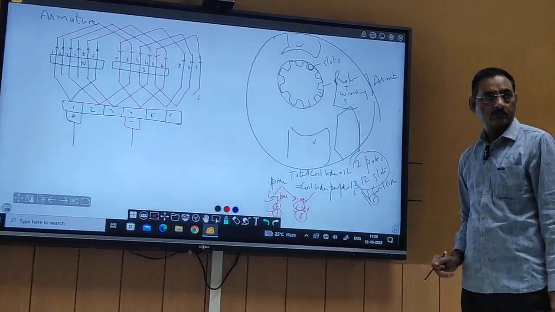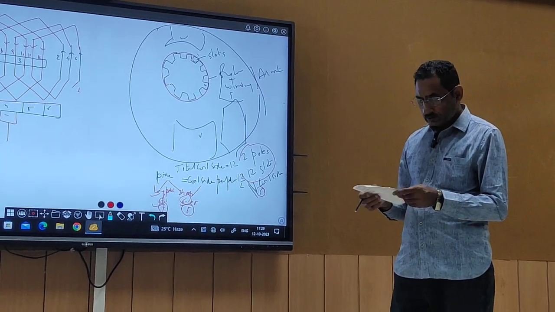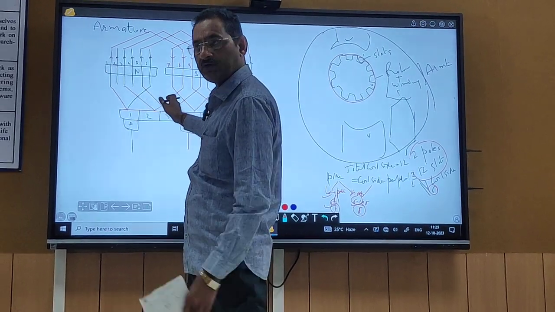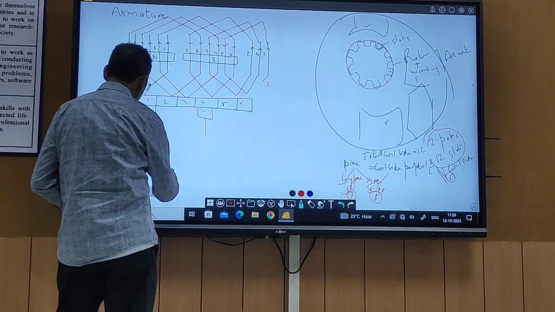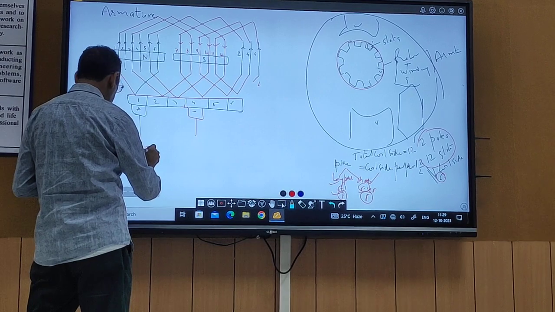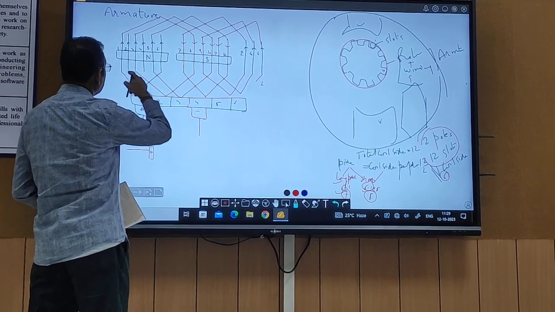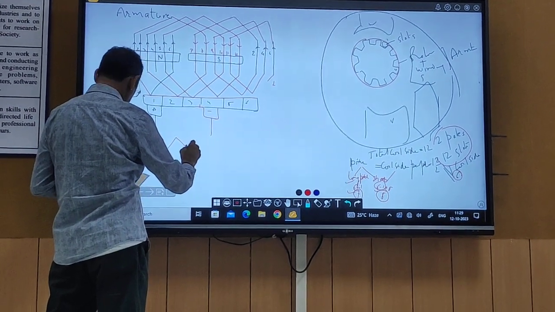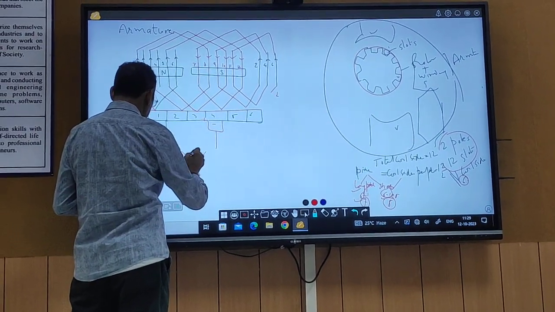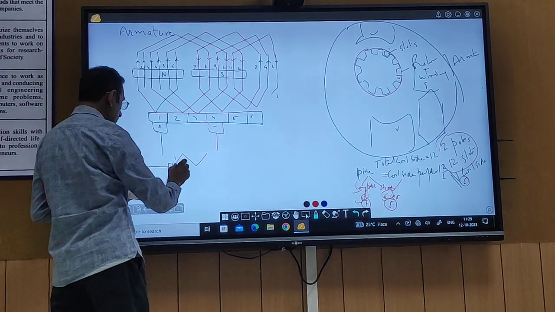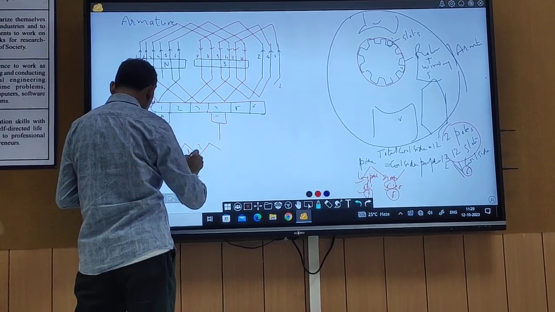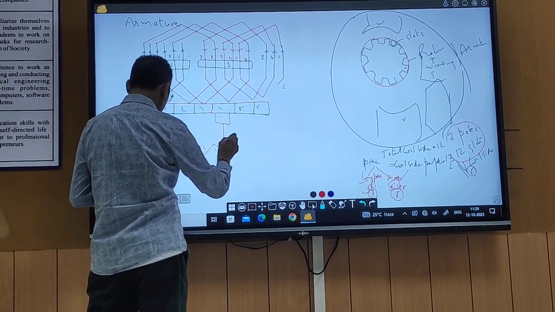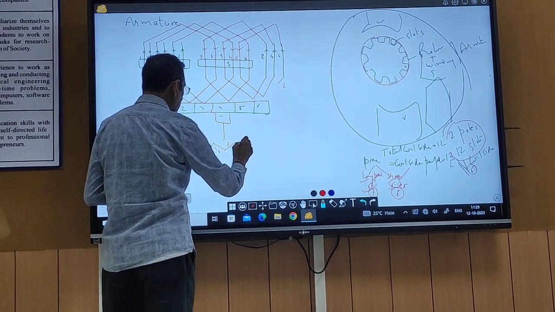12 slots winding. Okay, now to simplify this further, say it is brush number 1, the positive brush, and here you see 1 and 8 are connected. We can make it like this, 1 and 8, then 3 is connected with 10, then 5, then 12.